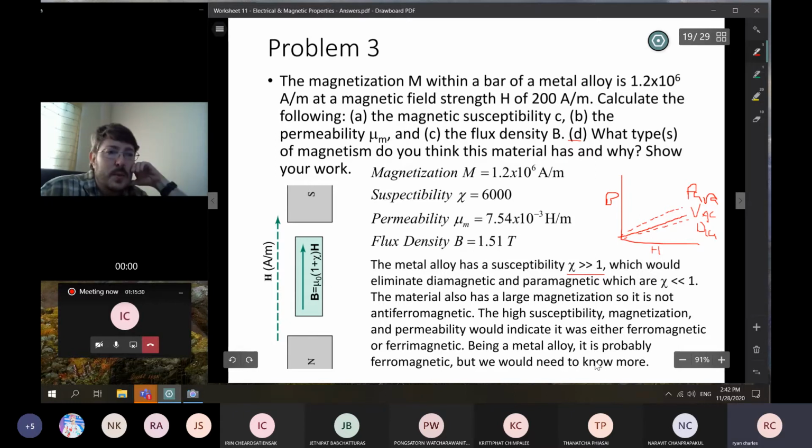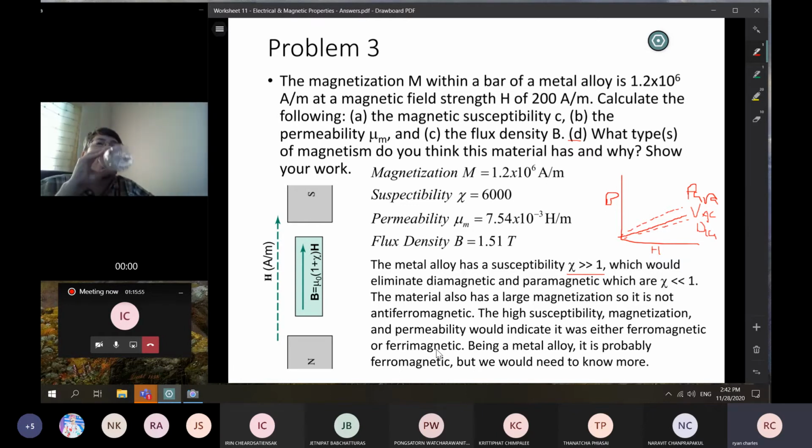Being a metal alloy, it's probably ferromagnetic, but we'd probably have to know a little more. If you just say high susceptibility, it could also be ferrimagnetic. If you say ferromagnetic because it's a metal alloy, I could buy that. So you could say ferri- or ferromagnetic, or ferromagnetic if you say something about it being a metal.